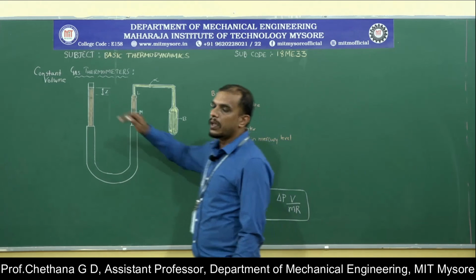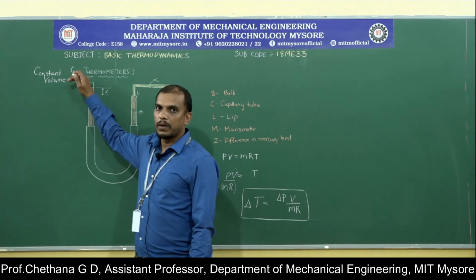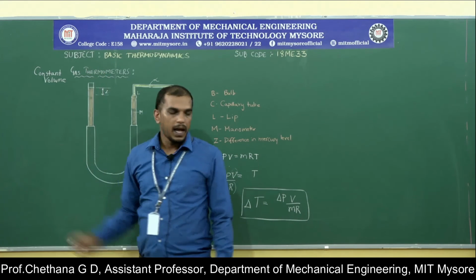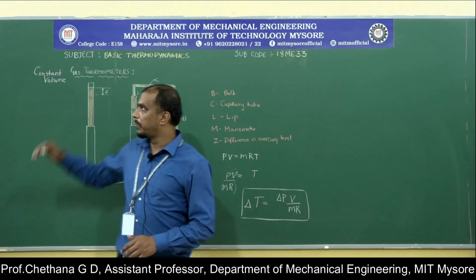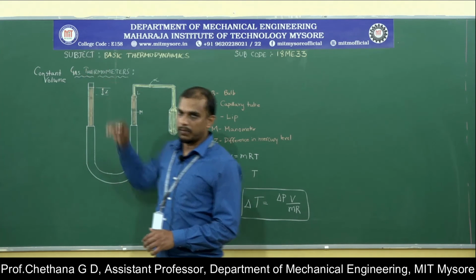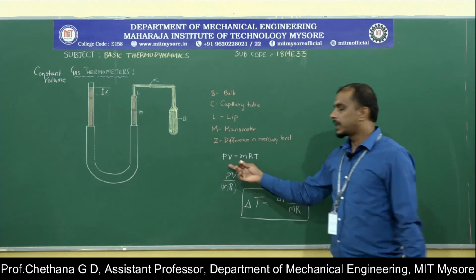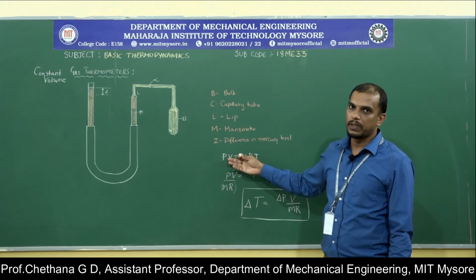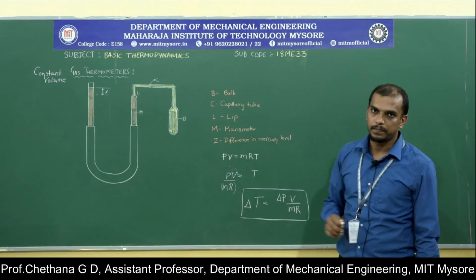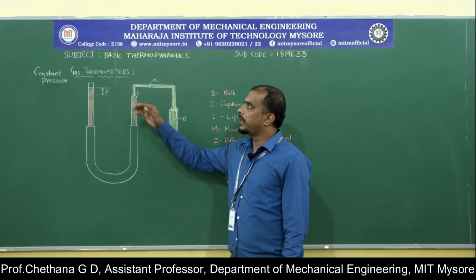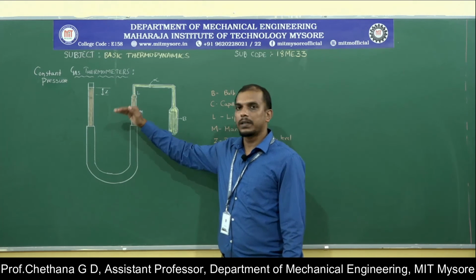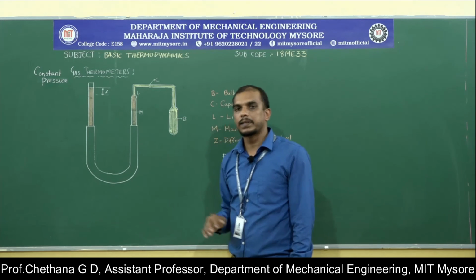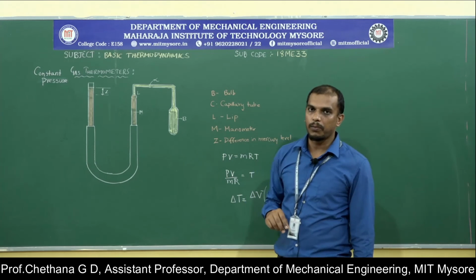Hence, it is called a constant volume gas thermometer, and it is also called an ideal gas thermometer. Constant volume ideal gas thermometer, because this gas obeys the ideal gas equation, PV = mRT.